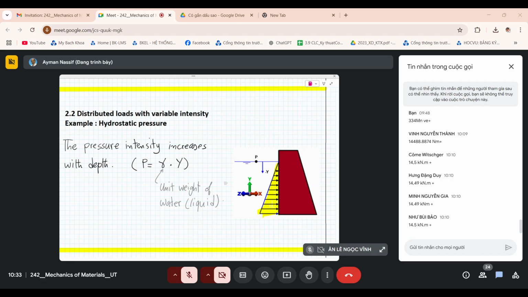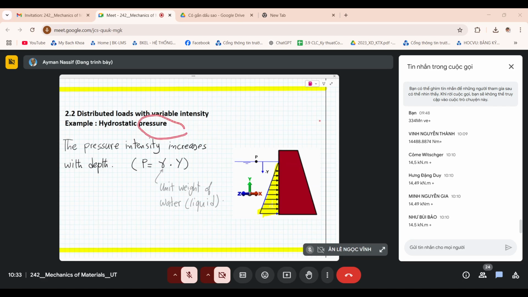And you will encounter this loading in many situations in engineering, including in geotechnical engineering and mechanics of materials, and even bending or soil mechanics. In different kinds of situations, you will encounter this variation of the load, the variable intensity.